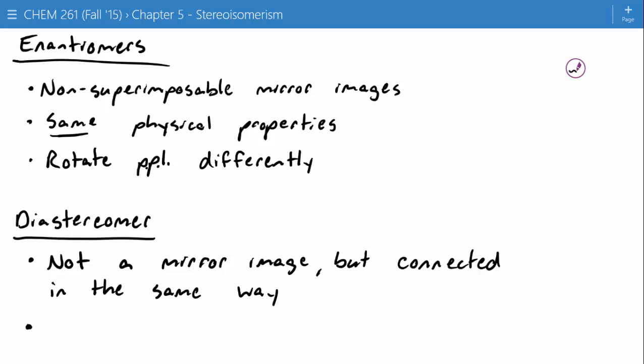And diastereomers, as my old professor at UO used to call them, he said they're cows and chickens. They're entirely different than one another. So diastereomers have different physical properties.